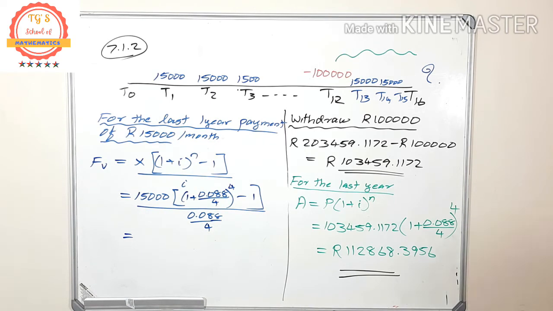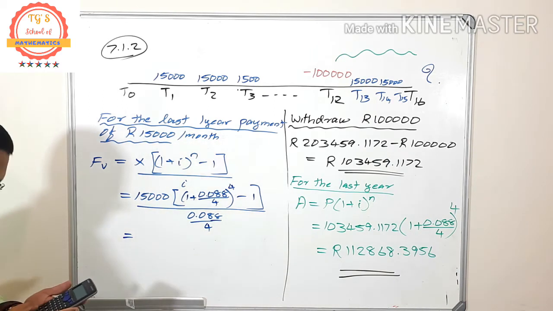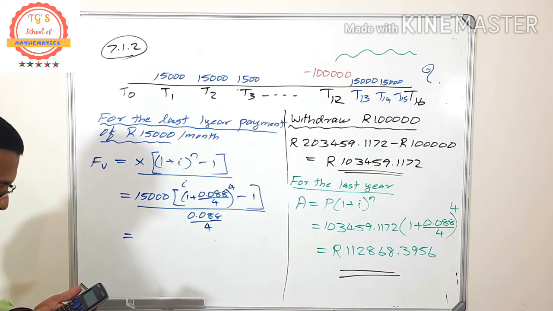So it is 15,000 into (1 plus 0.088 divided by 4 raised to 4 minus 1) the whole divided by 0.088 divided by 4.